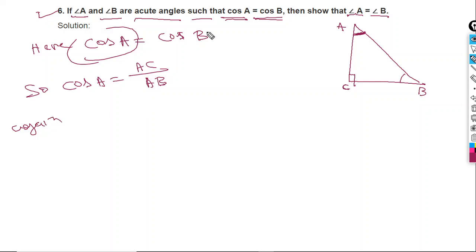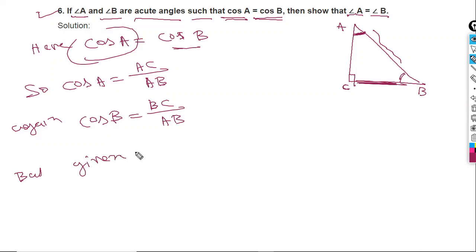Again, cos B: the formula is adjacent side divided by hypotenuse. The adjacent side is BC, hypotenuse is AB, so BC by AB.